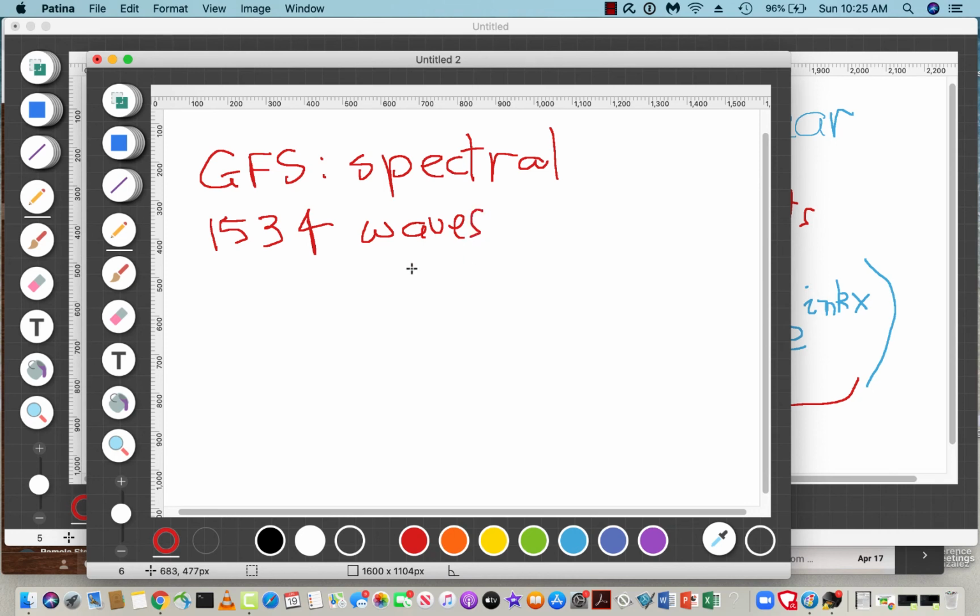That's the resolution. We're going to talk about this in just a minute, what that means. But if that's m, then I think I mentioned in class that m squared is 2,353,156. So you have to do that many calculations every time you run into a nonlinear term at every time step, and it's way too computationally demanding to be useful.